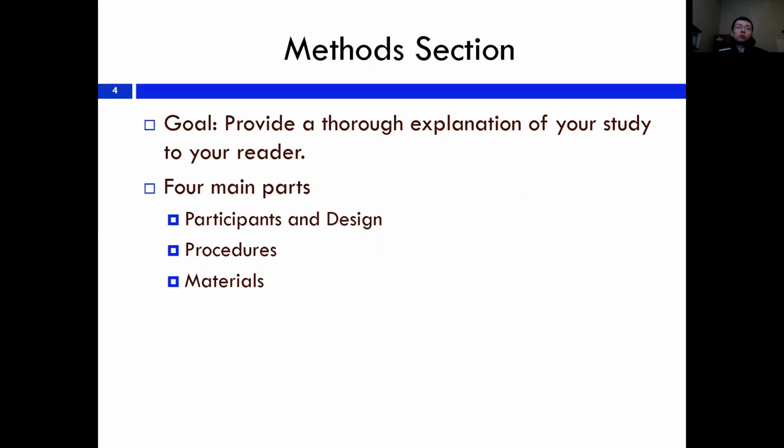However, you can put them together depending on how you would like to write up the whole method section. You can talk about the procedures of your research, and at each step tell the readers what participants did. For example, what manipulations participants were exposed to, and what measurements the participants filled out. Those are things you might want to consider.